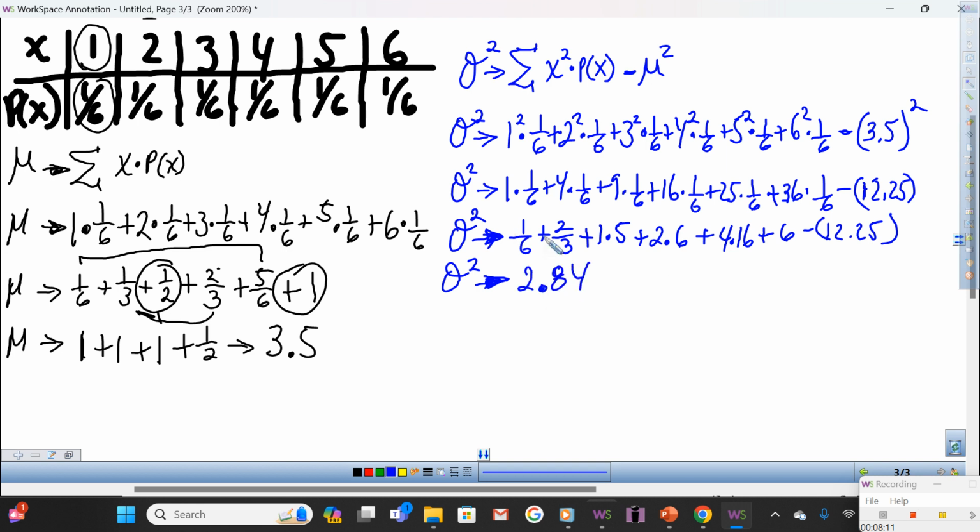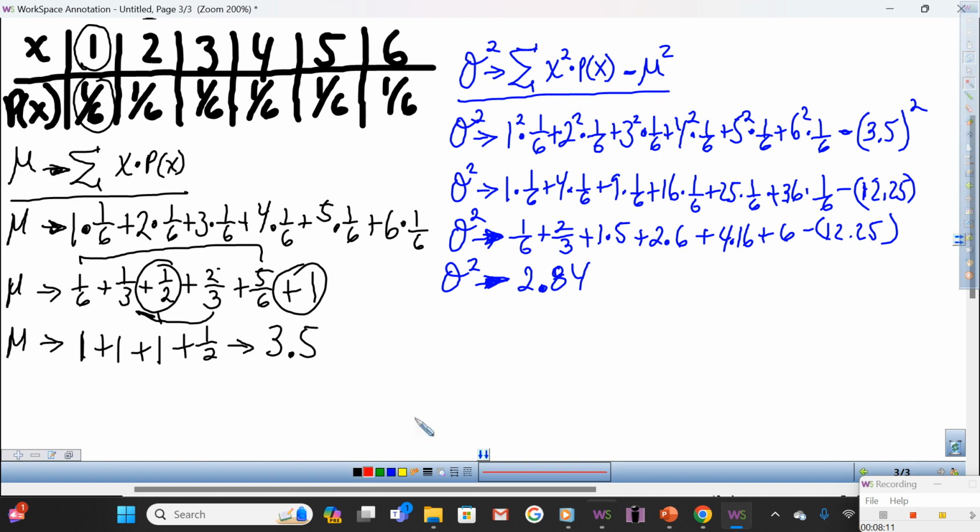I was going to say this is about 15 minus that, so it should give us something close to that. All right. So, first formula for mu, done. Second formula for variance, done.